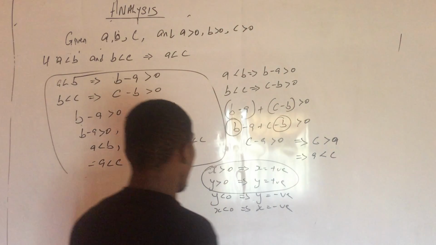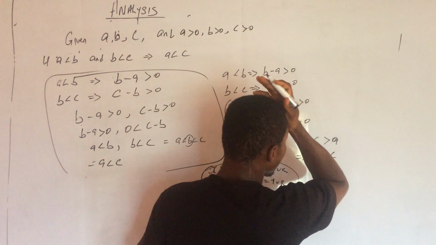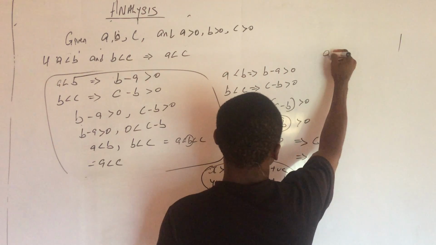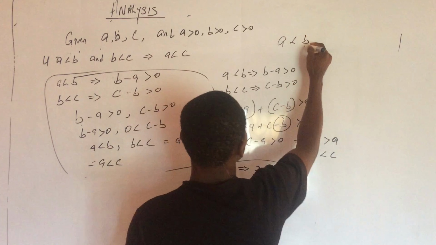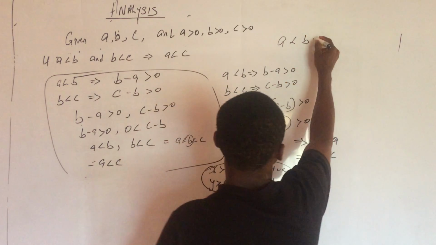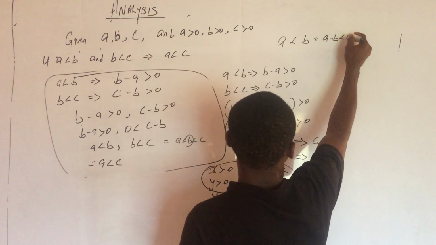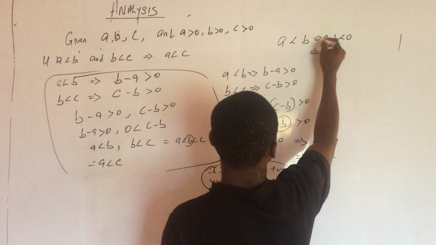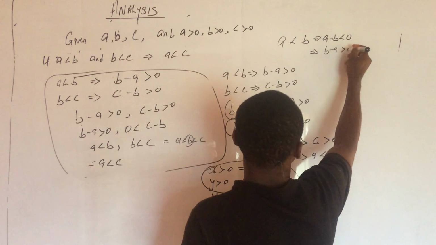Now there was something I told you guys to remind me of, something like this. Or we have something like A less than B. This implies that A minus B is less than 0, and this also implies that B minus A is greater than 0.